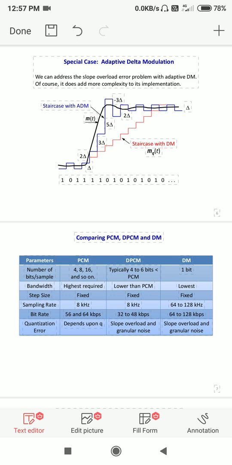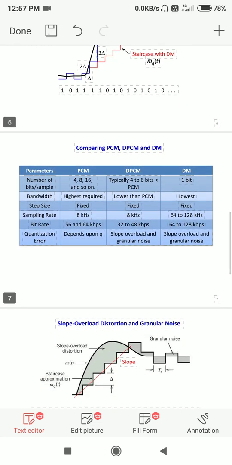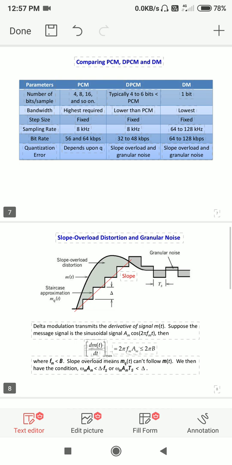And when there is a slope which is highly increasing, or it is increasing in a sharp manner, then we have the step size increased. And again at the top level, where there are again small changes in two successive samples, the step size is reduced. So it is again an accurate technique compared to delta modulation.